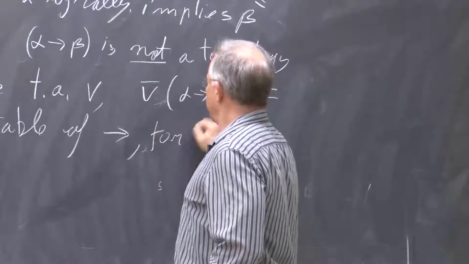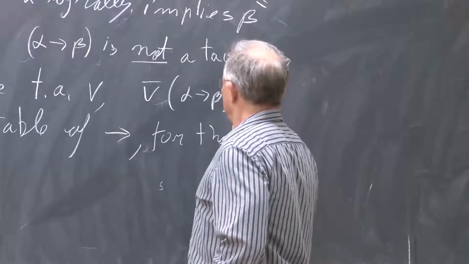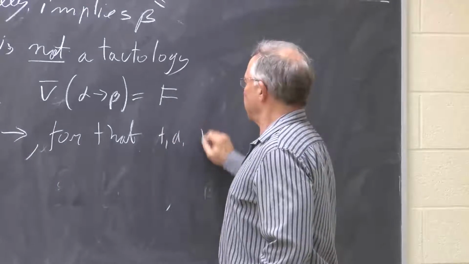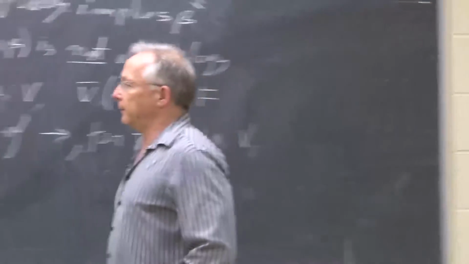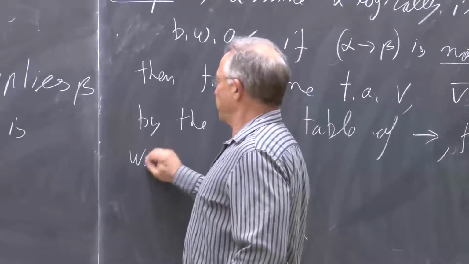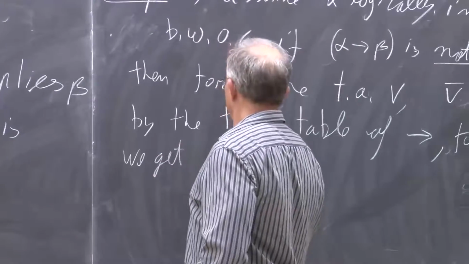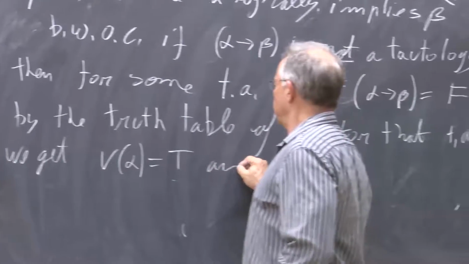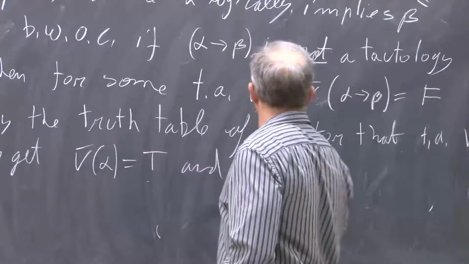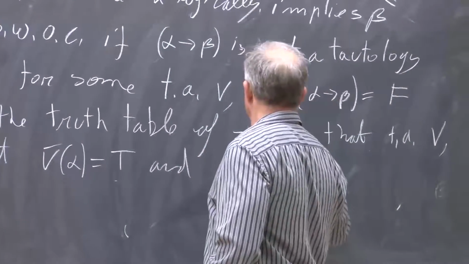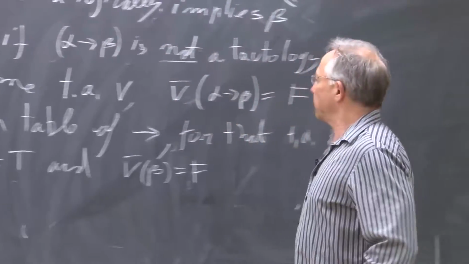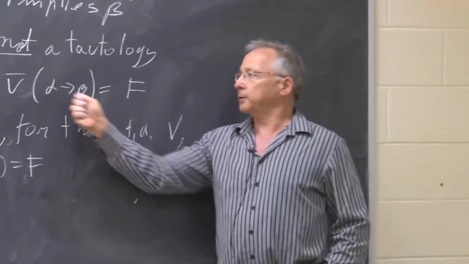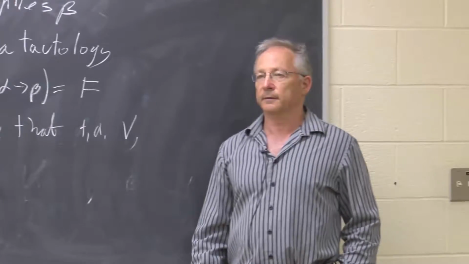For that truth assignment V, we get V of alpha is true and V of beta is false, because the only way that this will not be true is if the head is true and the tail is false.